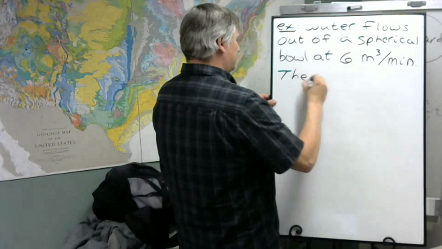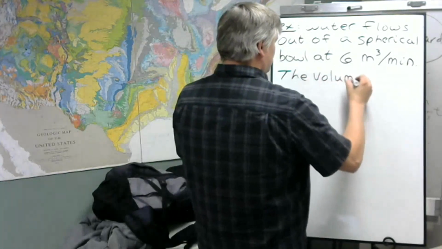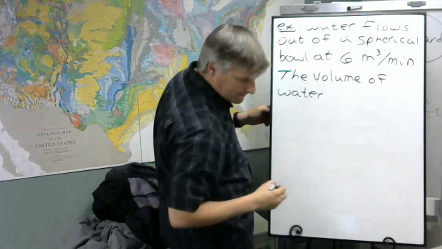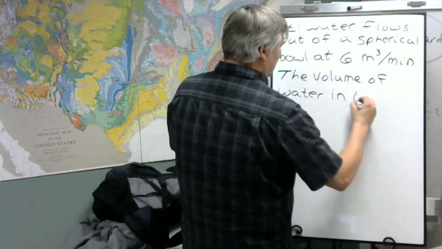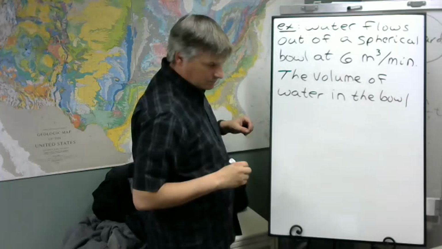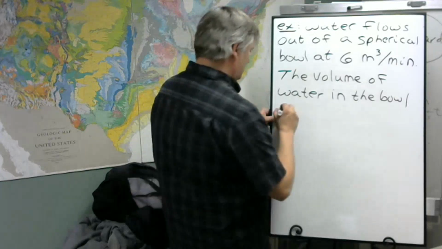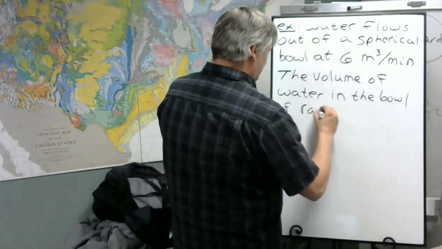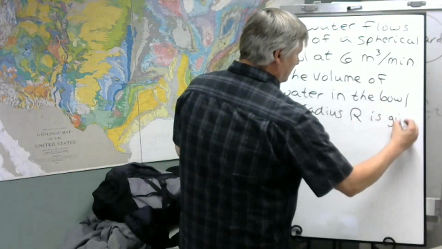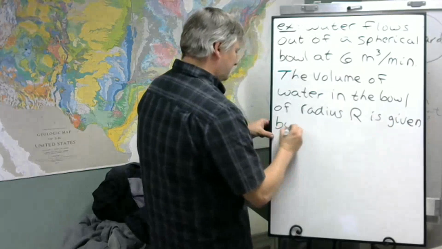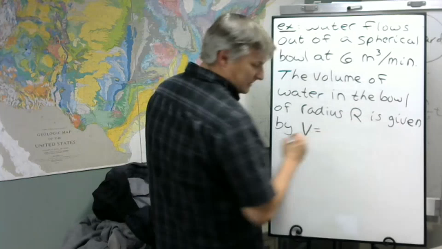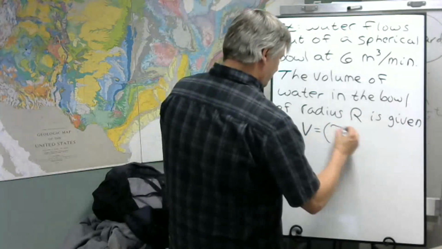The volume of water in the bowl of radius r is given by, here's the equation, and it's not a trivial equation at all.